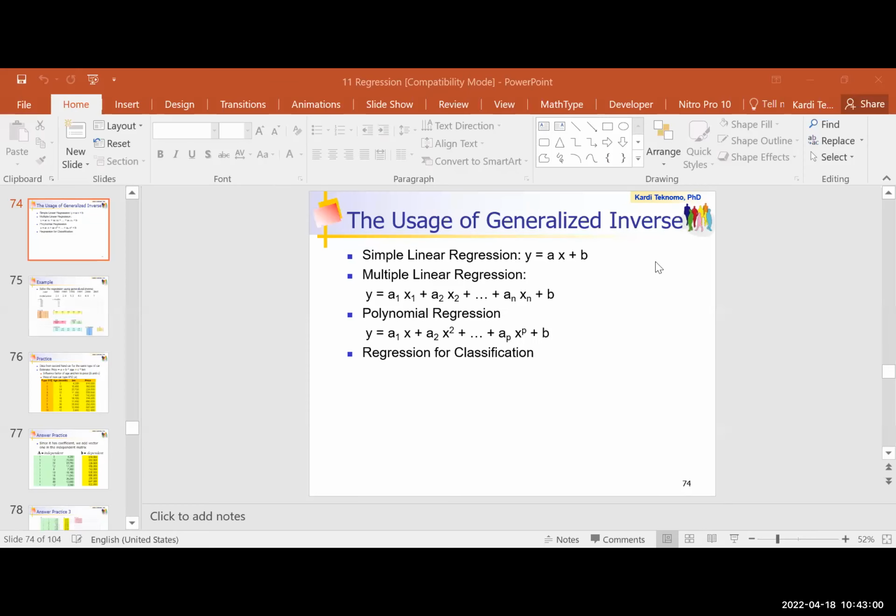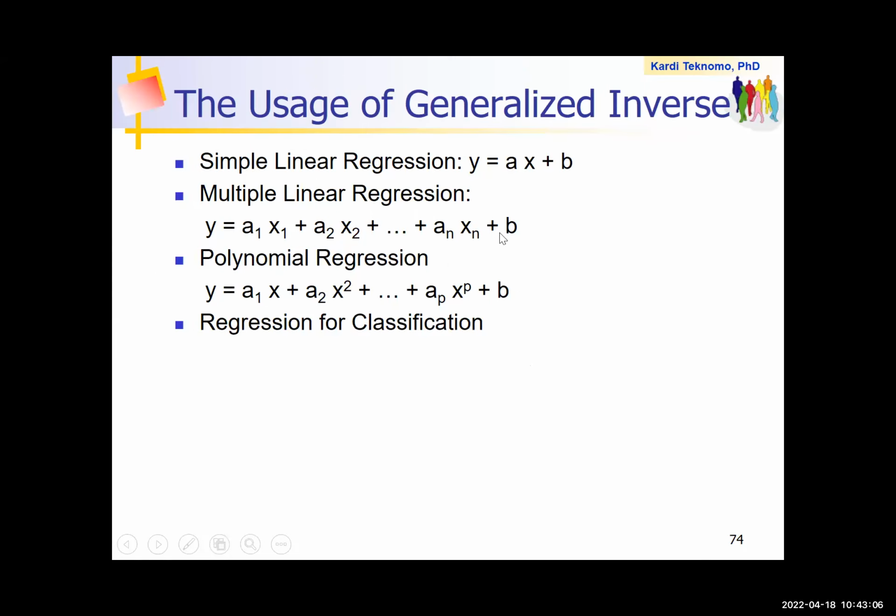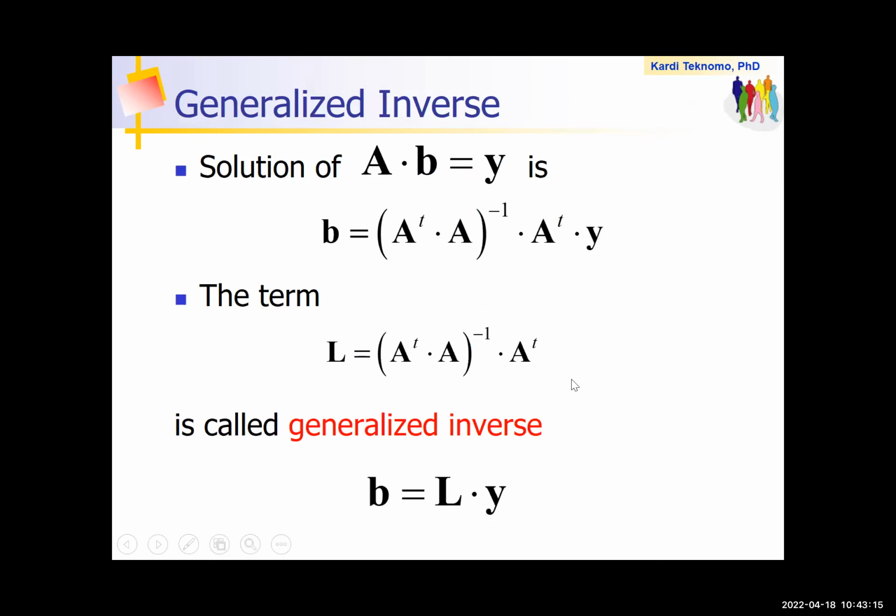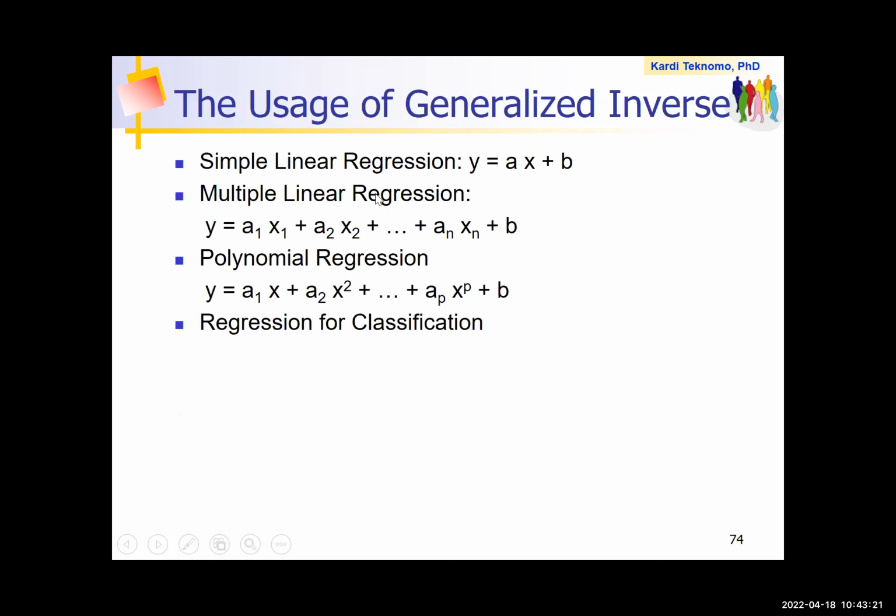Again, why are we using matrix? Because the same formula, L equals this one, and P equals L times Y, the same formula will be used for simple linear regression, for multiple linear regression, or polynomial regression, including the classification here.